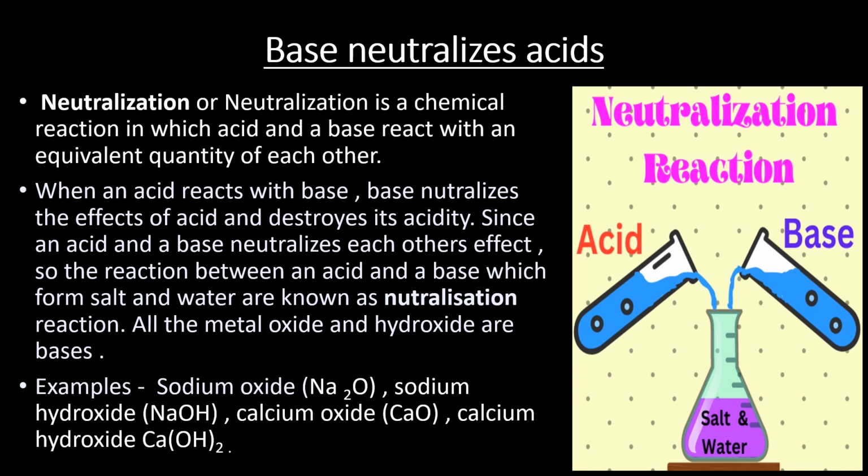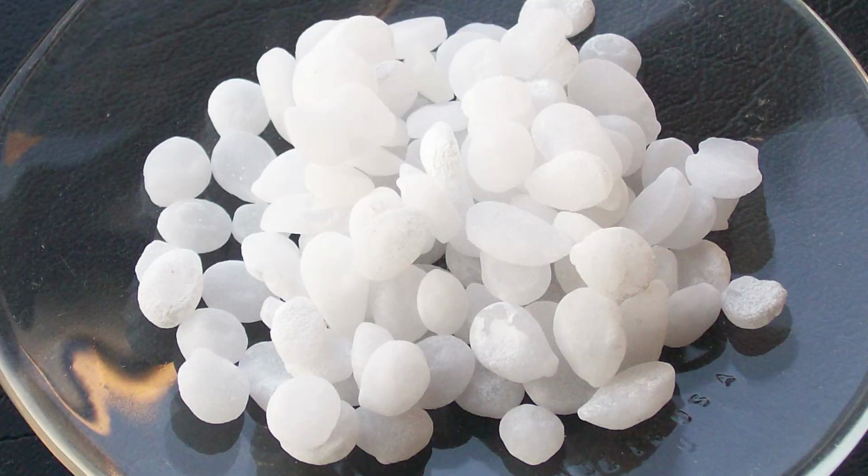All the metal oxides and hydroxides are bases. For metal oxide, you can take the example of sodium oxide, and for hydroxides, you can take the example of a very simple base, sodium hydroxide, that is used in daily life also.